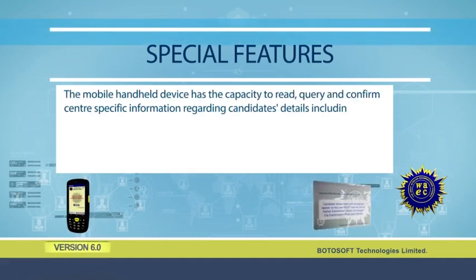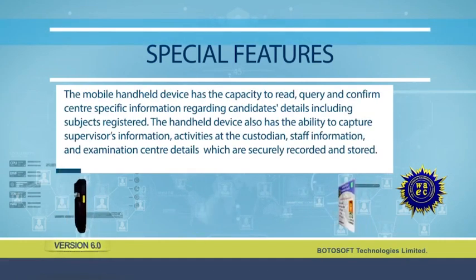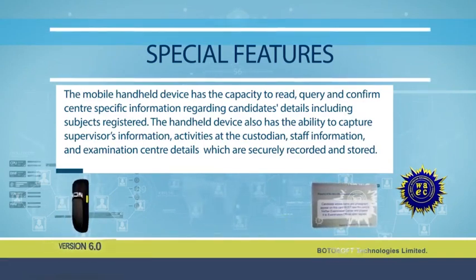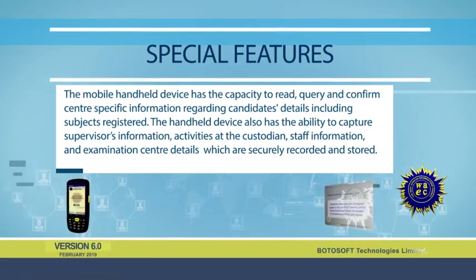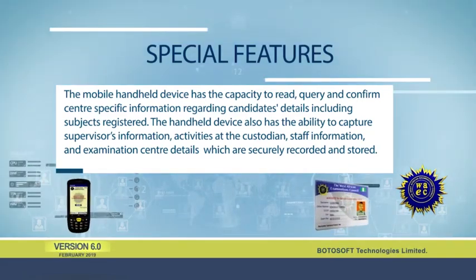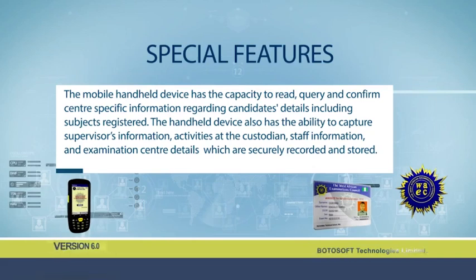The mobile handheld device has the capacity to read, query, and confirm center-specific information regarding candidates' details, including subjects registered. The handheld device also has the ability to capture supervisors' information, activities at the custodian, staff information, and examination center details, which are securely recorded and stored.